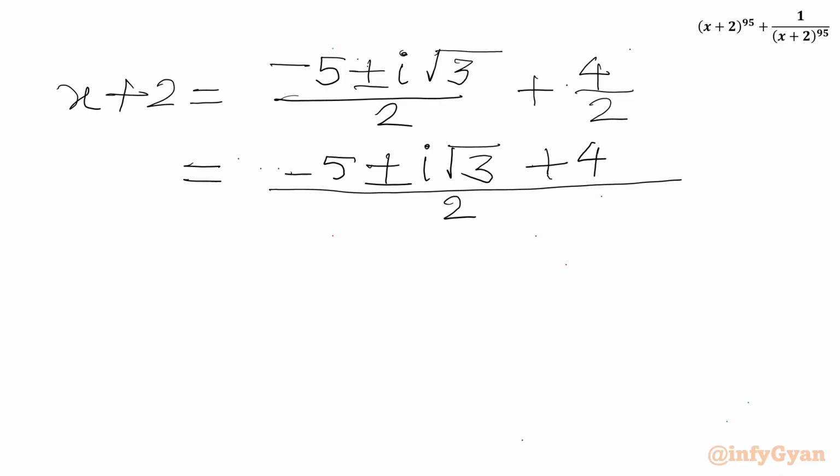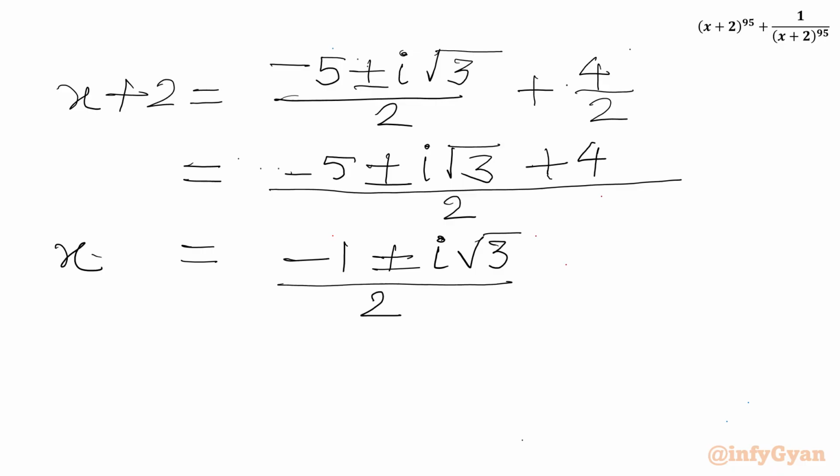So minus 5 plus 4 is minus 1. I will write (minus 1 plus minus i times square root 3)/2. So two complex values of x + 2.